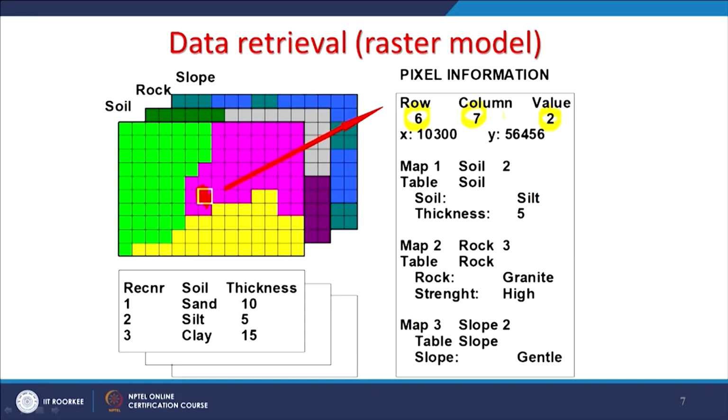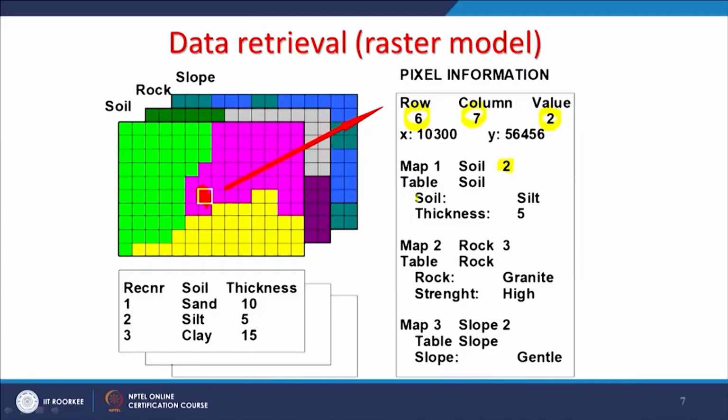The top layer is the soil layer, the middle layer is the rock layer, and the bottom layer is the slope layer. When I select this particular cell, from the soil I get the information that the soil is silt and the thickness is 5. That means I have some information in the attribute.